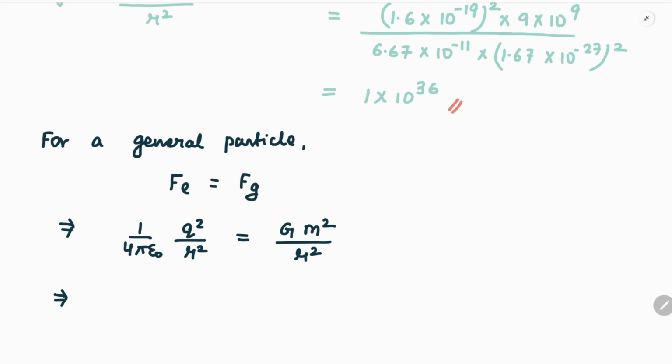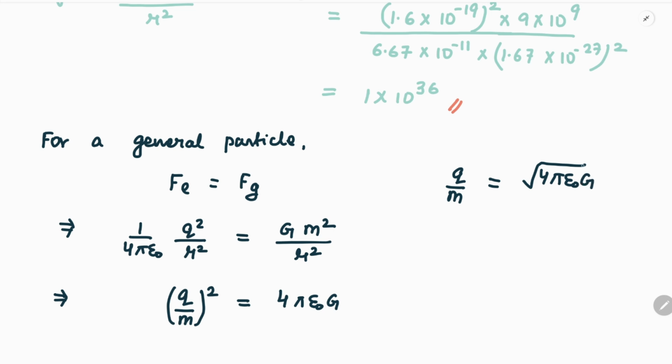So from here, if we calculate the value of the charge mass ratio, we can say Q by m squared can be written as 4 pi epsilon naught G, and since the problem is asking us to calculate charge mass ratio, Q by m is equal to the square root of 4 pi epsilon naught G, when the interaction of both the forces balance each other.